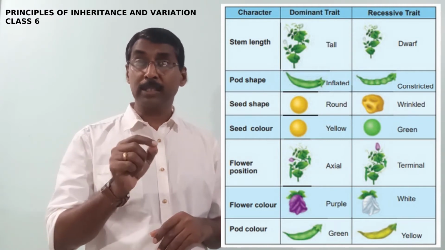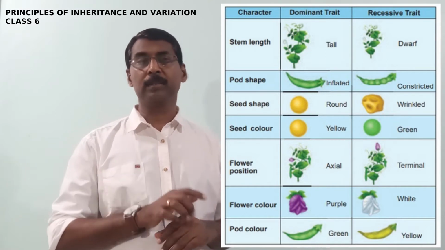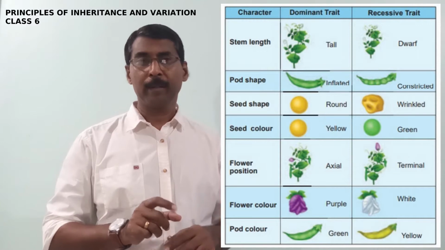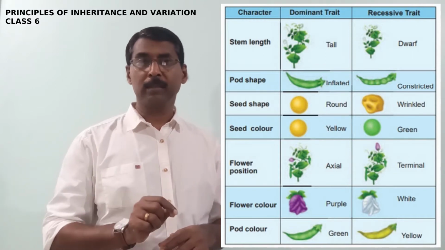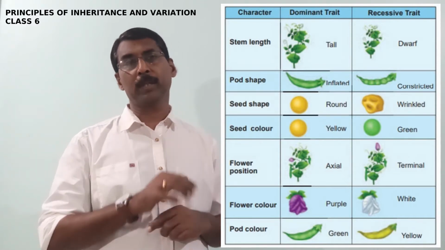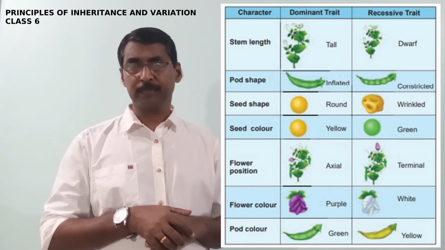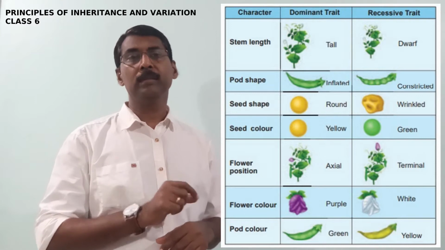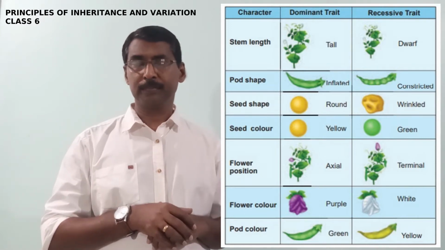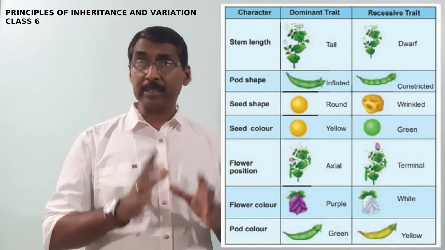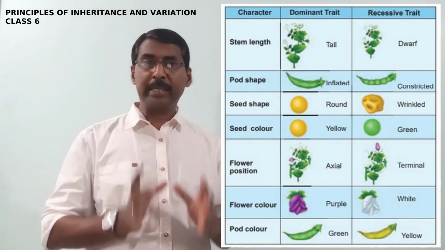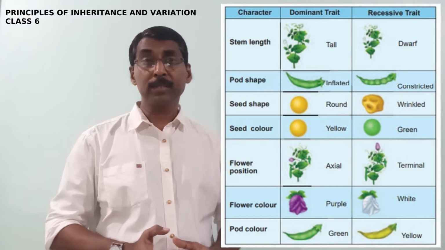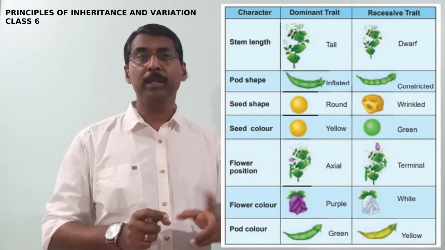Then color of the seed. As far as the color of the seed is concerned, there are two contrasting traits. Yellow seeded pea plants are there and green seeded pea plants are there. Yellow seed is dominant over green seed. So Gregor Mendel selected these two characters, the shape of the seed and color of the seed, for his dihybrid cross.